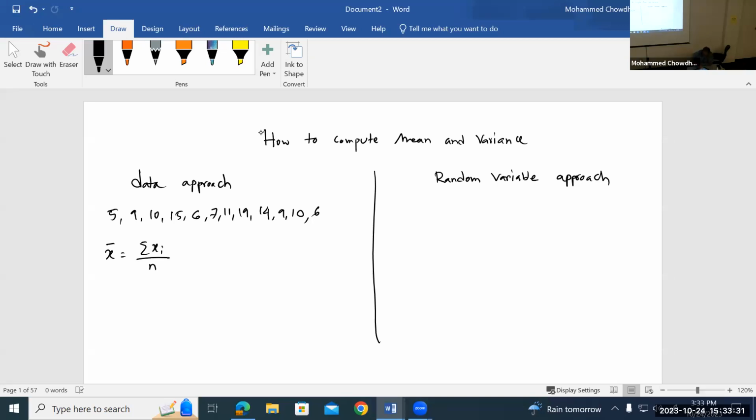How can you find the variance? Variance you can find as 1 over n minus 1 times the sum of (xi minus x bar) squared. This is the definition of mean, and this is the definition of variance when data points are given, right?